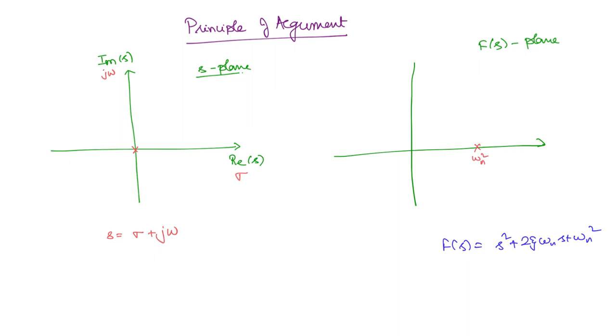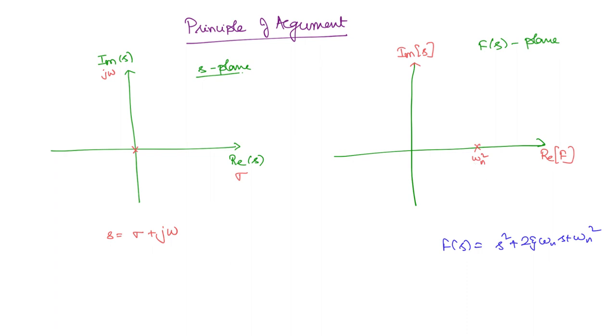So why am I pointing it out on this x axis? That is because this represents the real part and this represents the imaginary part, and omega n square is a real value. That means for the F(s) function, when you substitute s equal to 0, 0, you will get a purely real number whose value is equal to omega n square.